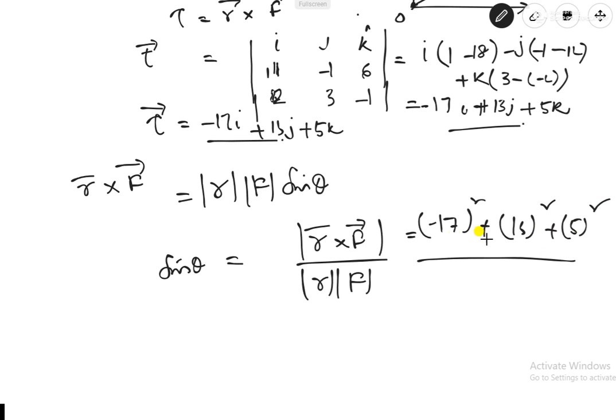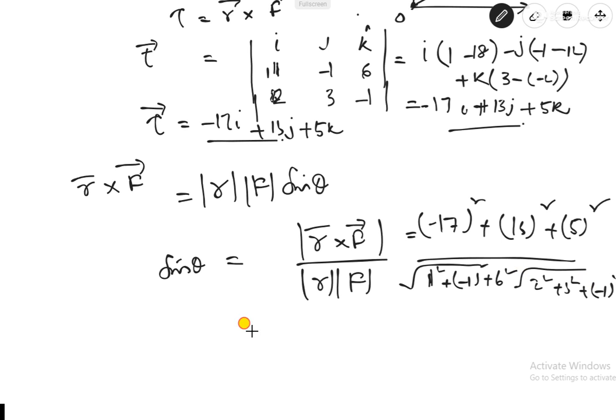Divided by, now we have to find the individual R and F magnitudes. We know from here that R is 1 square plus minus 1 square plus 6 square. Another one is 2 square plus 3 square plus minus 1 whole square.